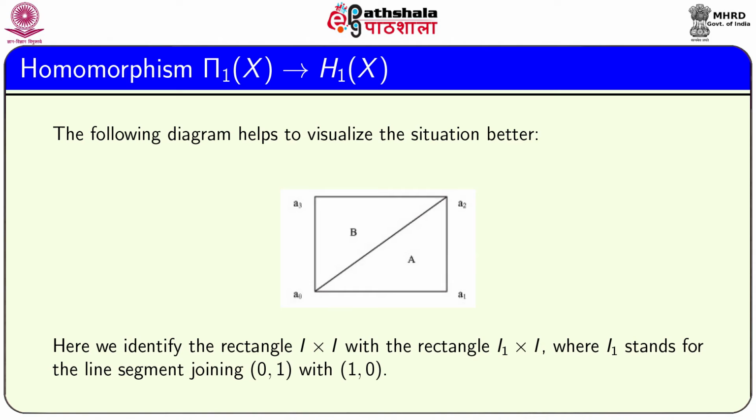Here we identify the rectangle I cross I with this particular rectangle I1 cross I, where I1 stands for the line segment joining (0,1) with (1,0).